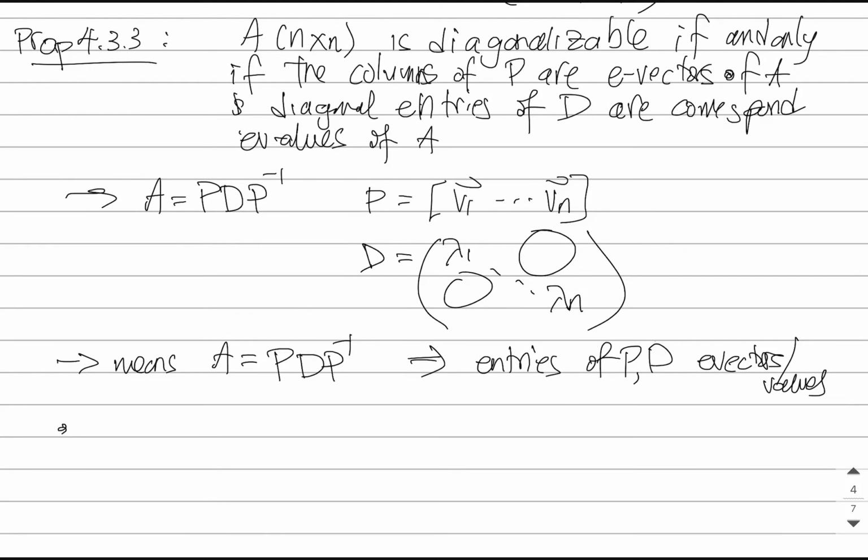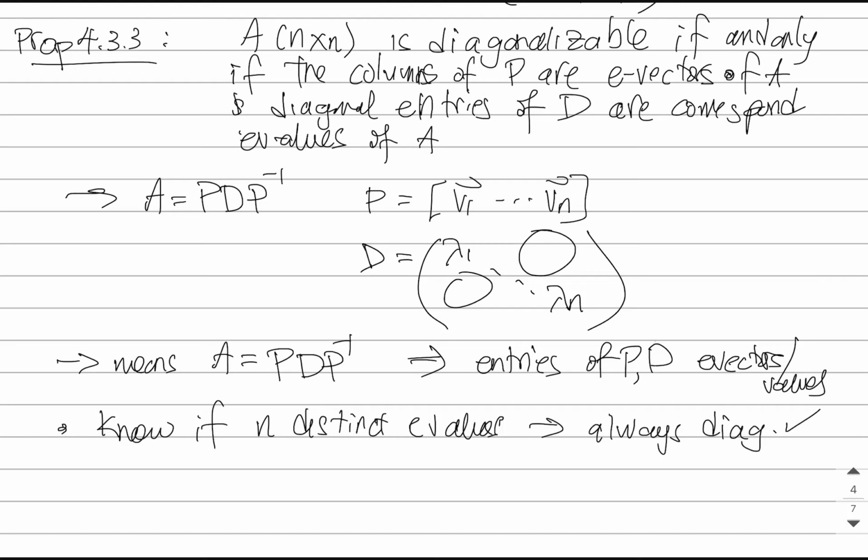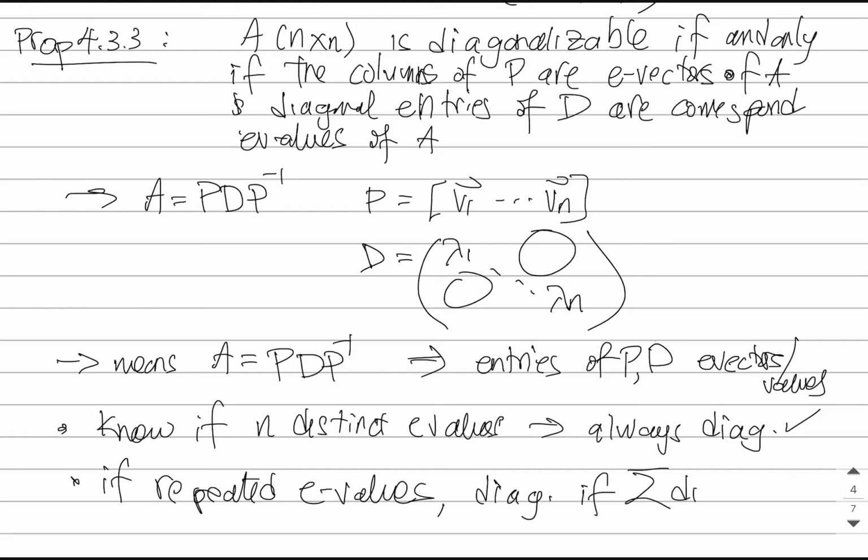Now we know that if you have n distinct eigenvalues, this is always diagonalizable. That's great. If we have repeated eigenvalues, you're only going to be diagonalizable if the sum of all the dimensions of all the eigenspaces equals n.